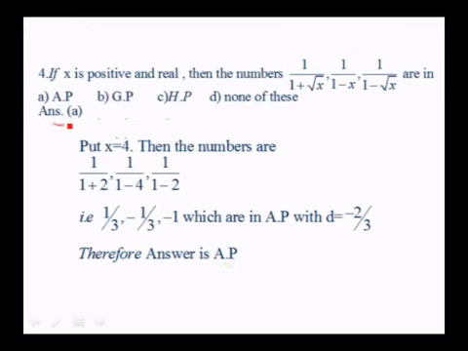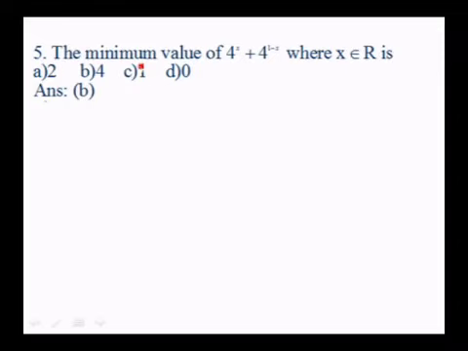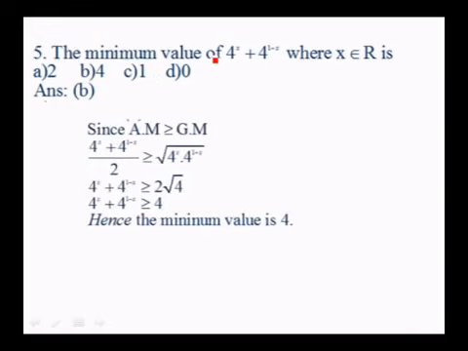So, the last question: the minimum value of 4 to the power of x plus 4 to the power of 1 minus x, where x belongs to R, is... Here we use AM is greater than or equal to GM. So 4 to the power of x plus 4 to the power of 1 minus x by 2, that is the arithmetic mean of 4 to the power of x and 4 to the power of 1 minus x, is greater than or equal to the geometric mean, root of 4 to the power of x into 4 to the power of 1 minus x.